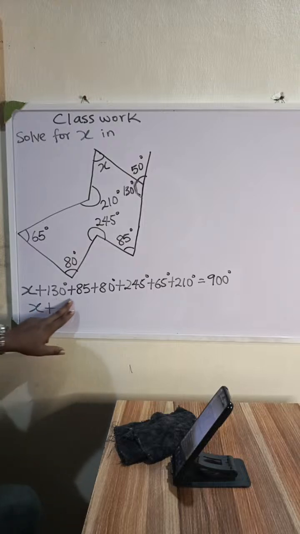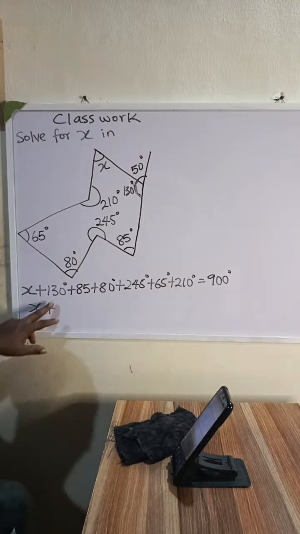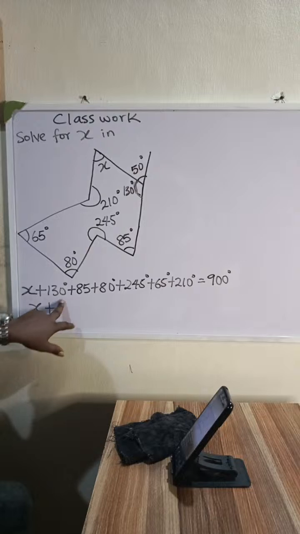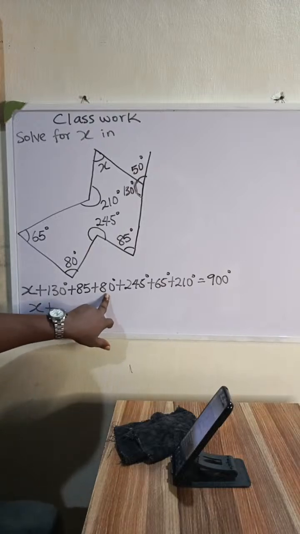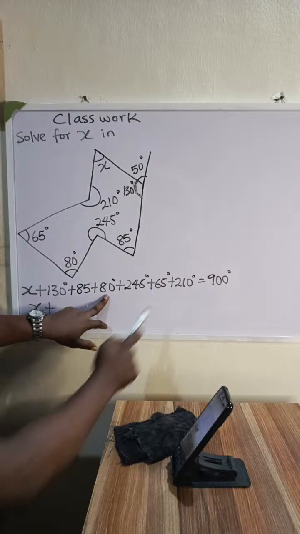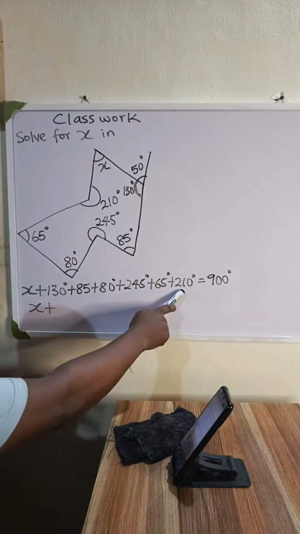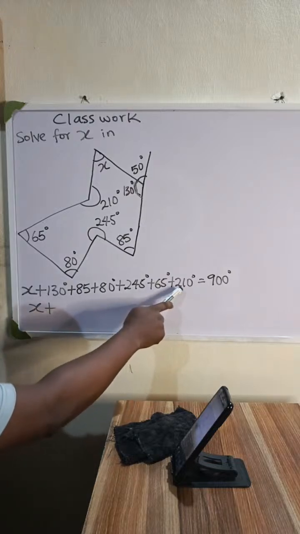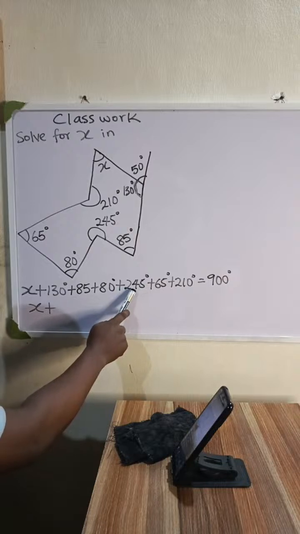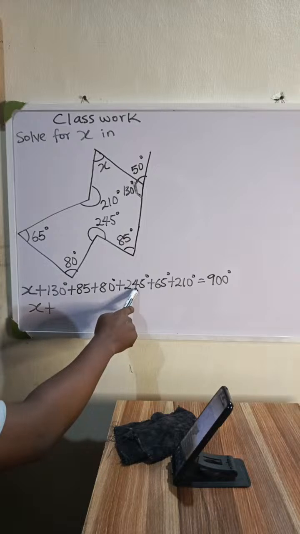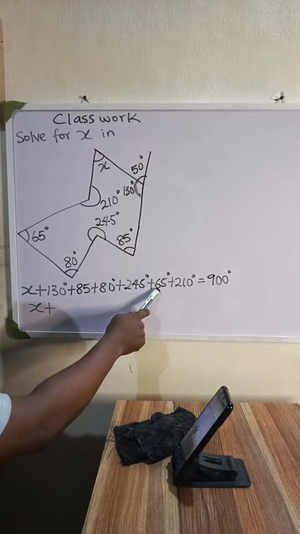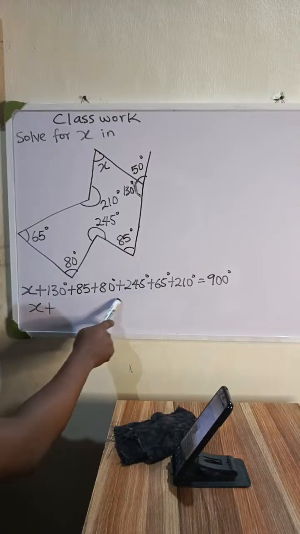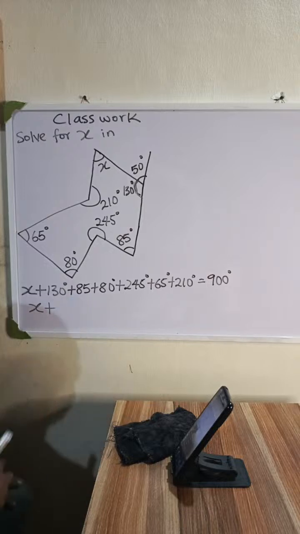So when you add all these values, what do you get? 130 plus 80 is 210, 420, 665, 730, 815.